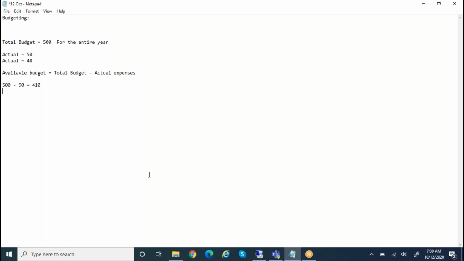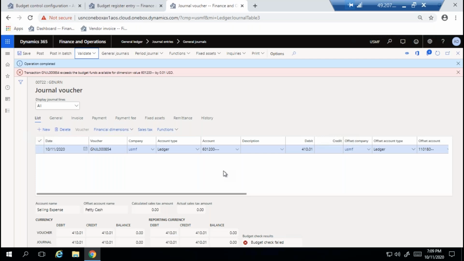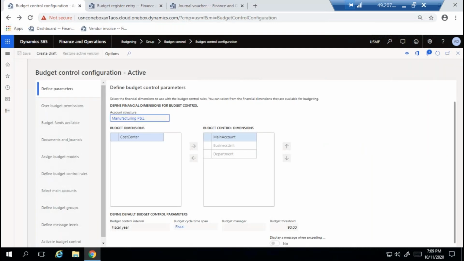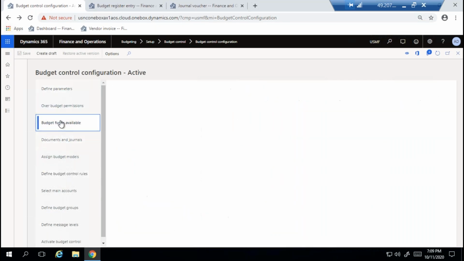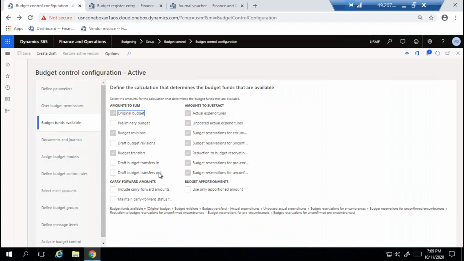Now, in the system, how is it calculating this, like 410, what is the formula, where is it available? I know I'm explaining in pieces, but I will come to it one by one, no issues. So here in budget funds available, you are calculating budget funds available equal to original budget minus actual expenditure.